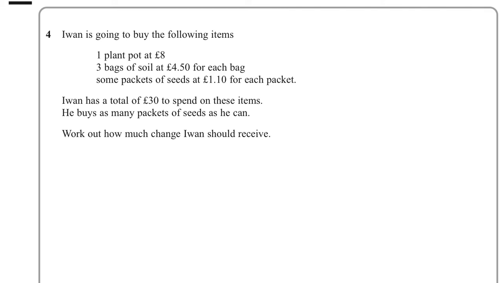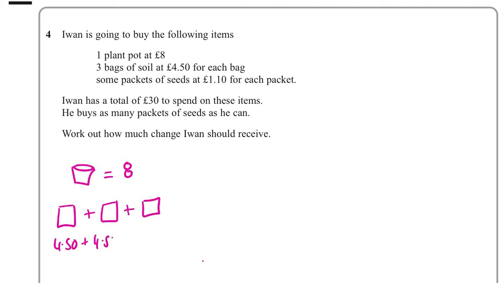So we've got 1 plant pot is £8. 3 bags of soil, £4.50. If I wanted to, I could draw 3 bags of soil. So what's that? £4.50 plus £4.50 plus £4.50. What does that equal? £13.50. And again, you can use this in your calculator, however I've written it down.